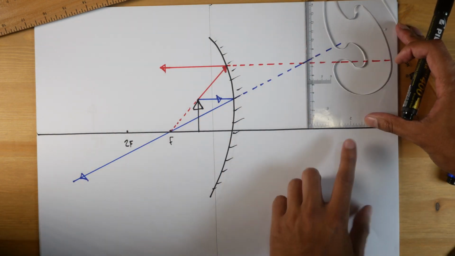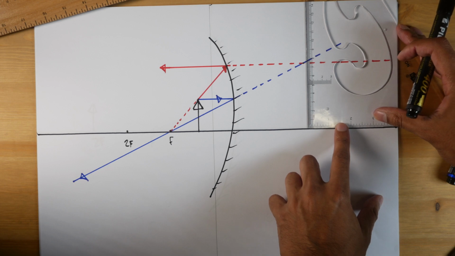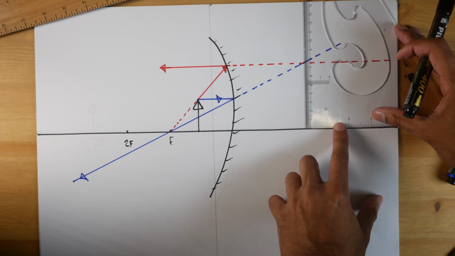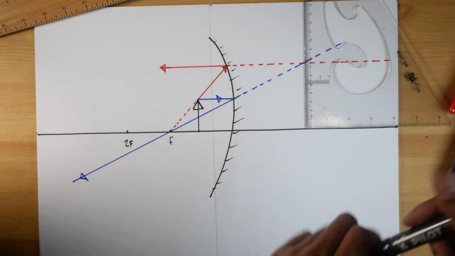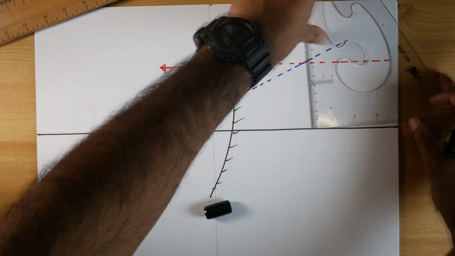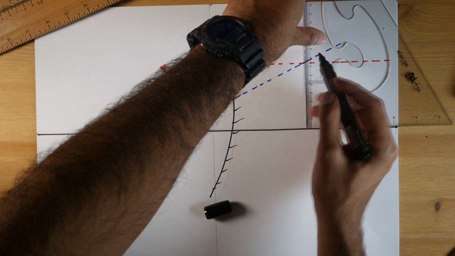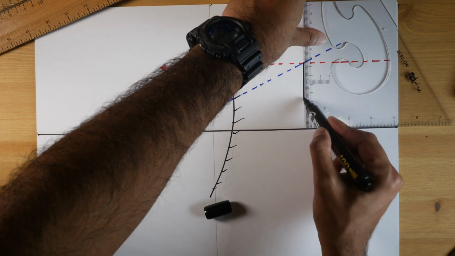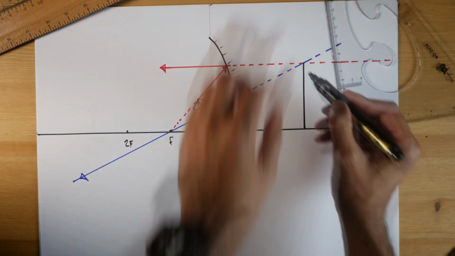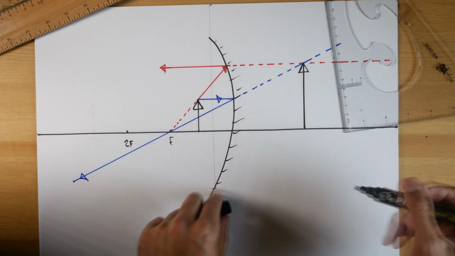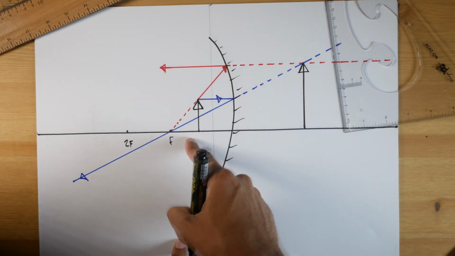Make sure it's vertical. Like so, and carefully draw that line from here downwards like this. Now, as you can see, this is a much bigger image than this.